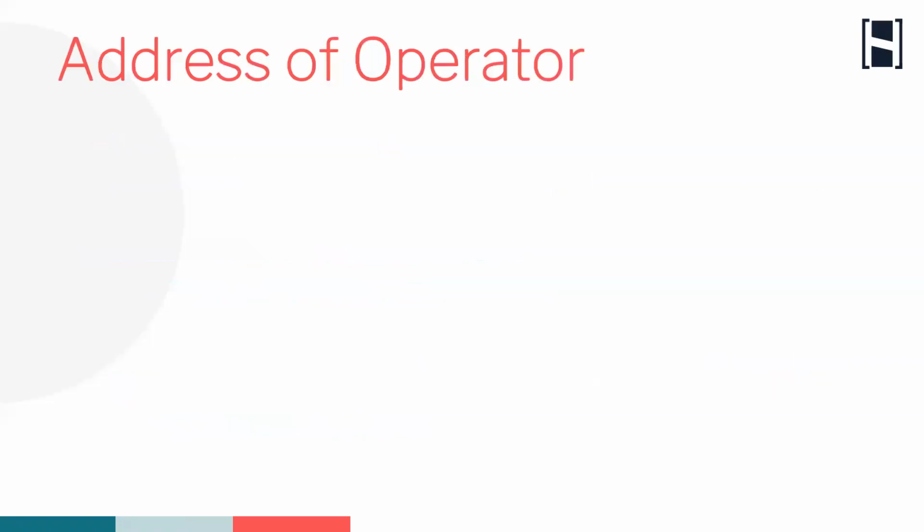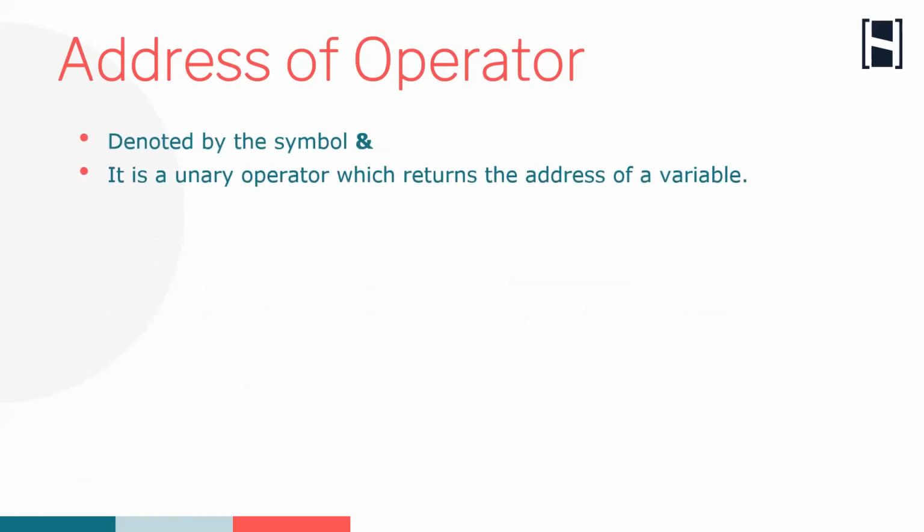Right, now coming to the next operator, address of. The symbol is the ampersand. We have already made use of this. Remember, when we were learning about the scanf function, we used this ampersand operator. The ampersand always points to the address, and that is the reason we call it an address of operator.